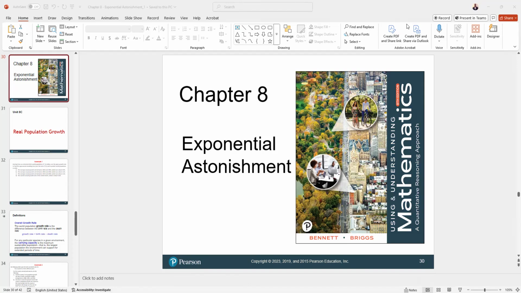In unit B, we went over doubling time and half time. And now in this section, we're going to continue to study the astonishing exponential growth.